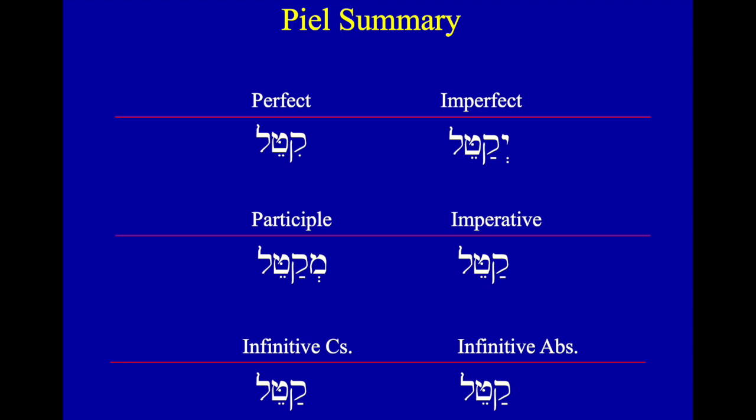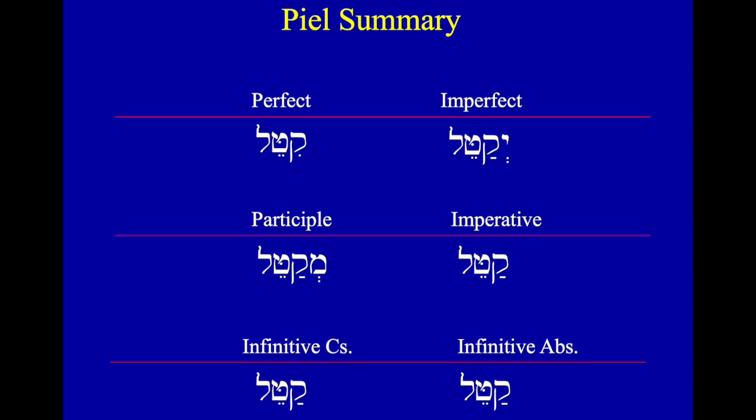Notice that our imperative is built off of our imperfect. Just take away the prefix of the imperfect and you're left with that same exact imperative form. So yekatel and then katel. The infinitive construct and infinitive absolute are exactly the same as the imperative. Boom. Really, you've got to learn the perfect and the imperfect markers.